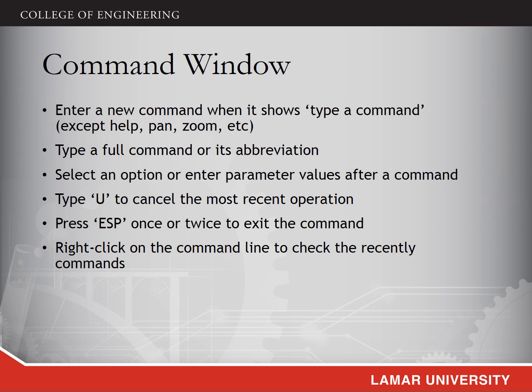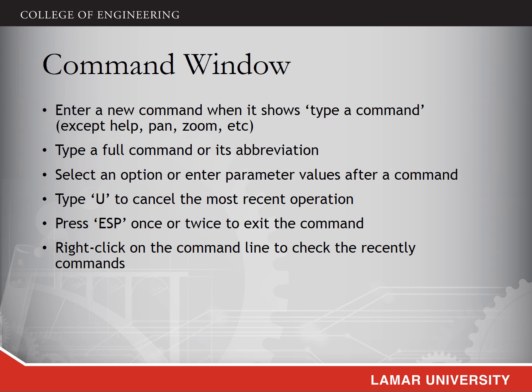You can type the command in the command window and then generate and modify those objects. I'm going to show you how to use the command window to complete the design. Once you type a command in the command window, you are able to enter a new command. You can either type in the full command or its abbreviation to activate that command. Once the command is typed, you will be asked to select an option or enter a parameter value.